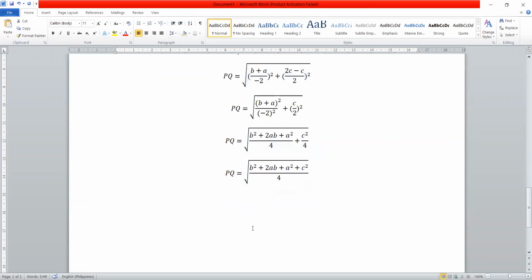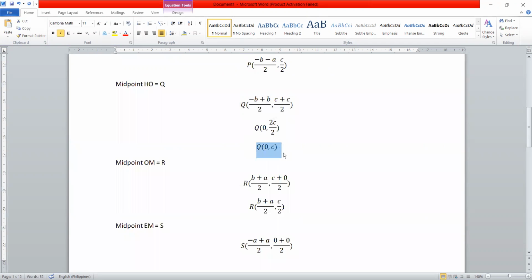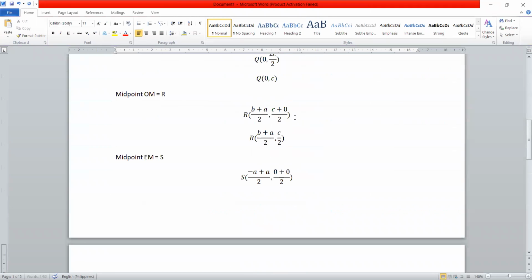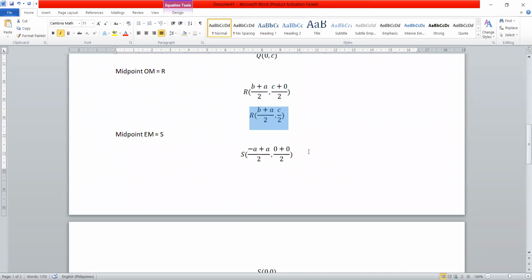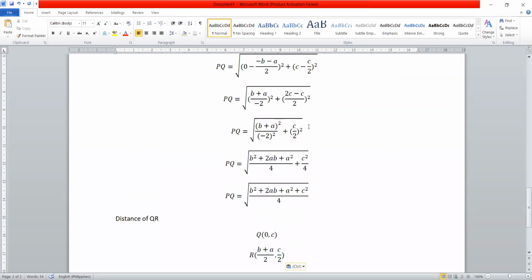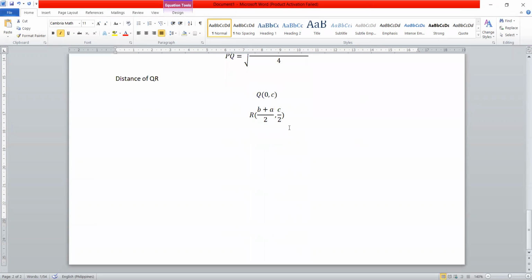Next, we'll look for the distance of QR. So we need to get your point Q and your point R. Again, let's apply your distance formula.